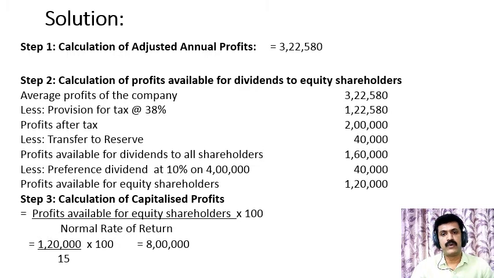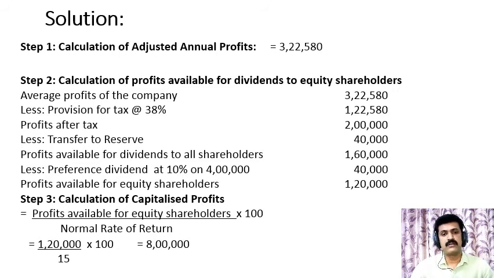That comes to 1,22,580. And the balancing figure is treated as profits after tax. From that, we have to deduct transfer to reserves worth rupees 40,000. And the balancing figure of rupees 1,60,000 can be considered as profits available for dividends to all shareholders.